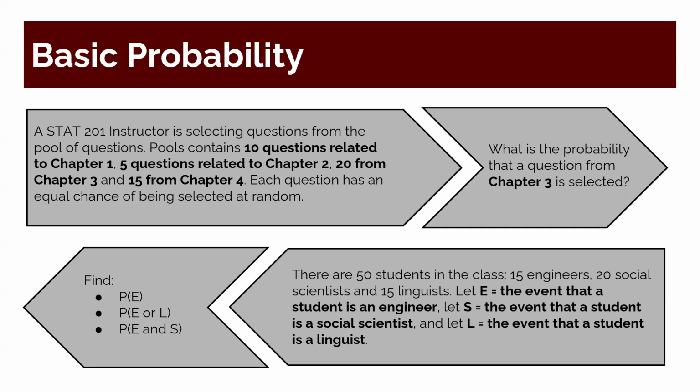Stat 201 instructor is selecting questions from a pool of questions. The pool contains 10 questions from chapter 1, 5 questions from chapter 2, 20 from chapter 3, and 15 from chapter 4. Each question has an equal chance of being selected at random. What is the probability that a question from chapter 3 is selected?